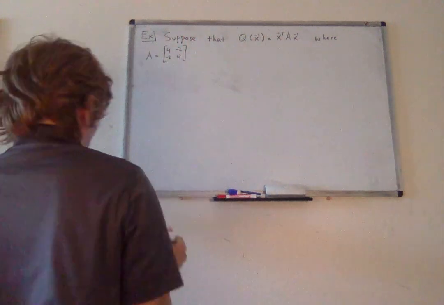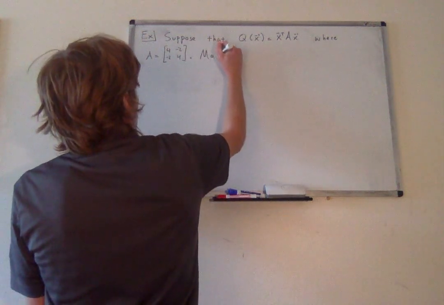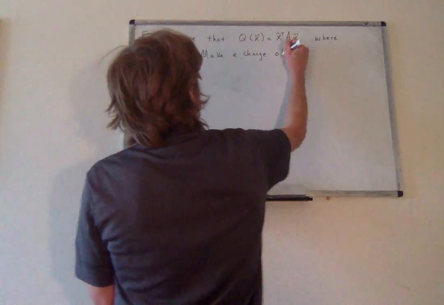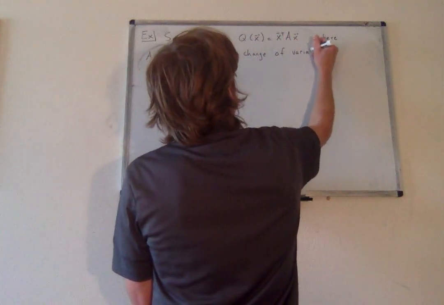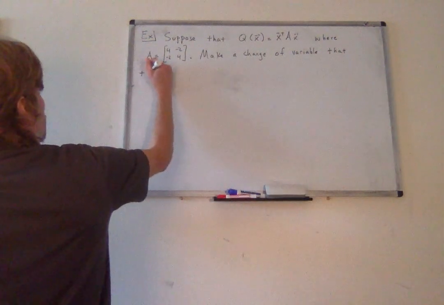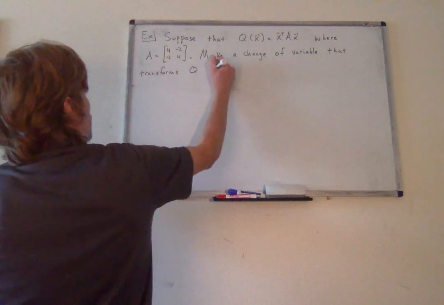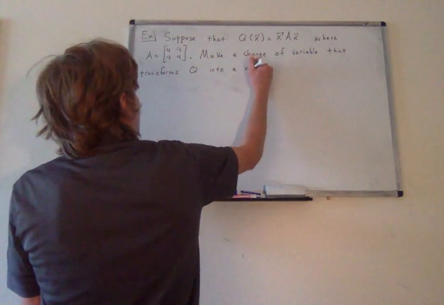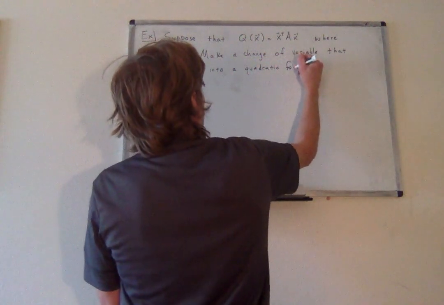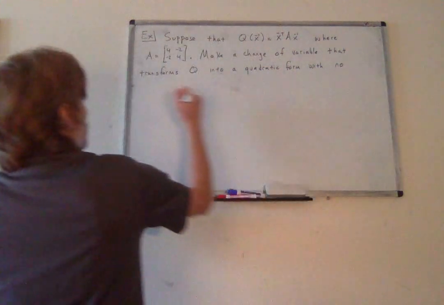So we want to make a change of variable that transforms Q into a quadratic form with no cross product term.